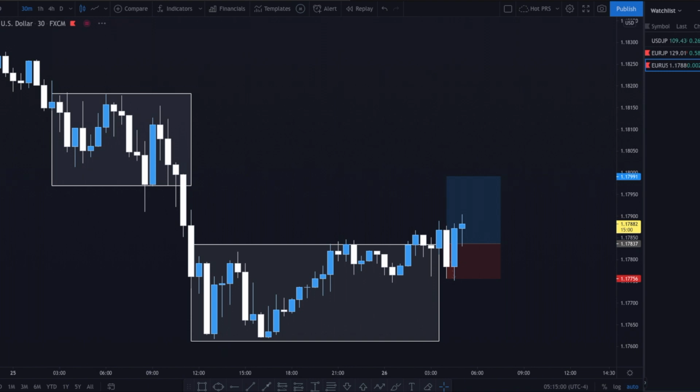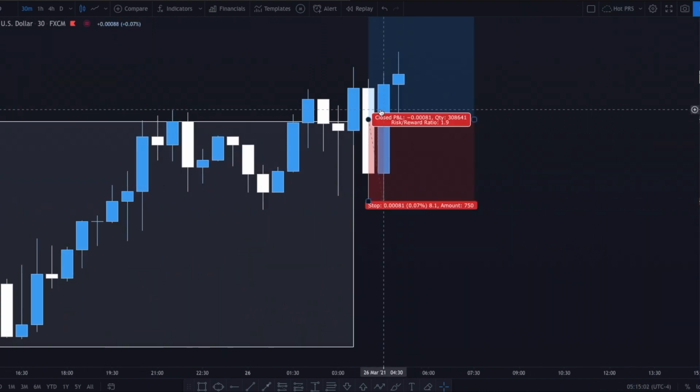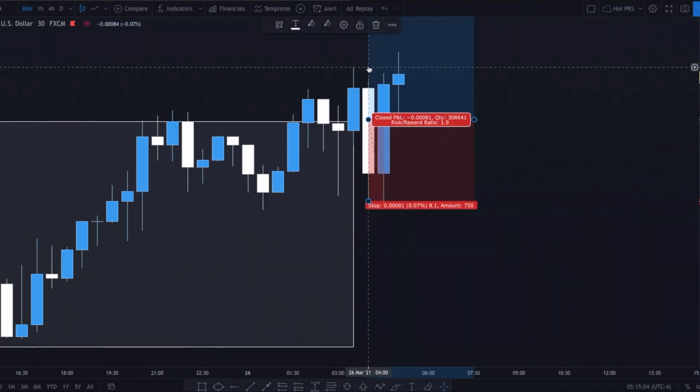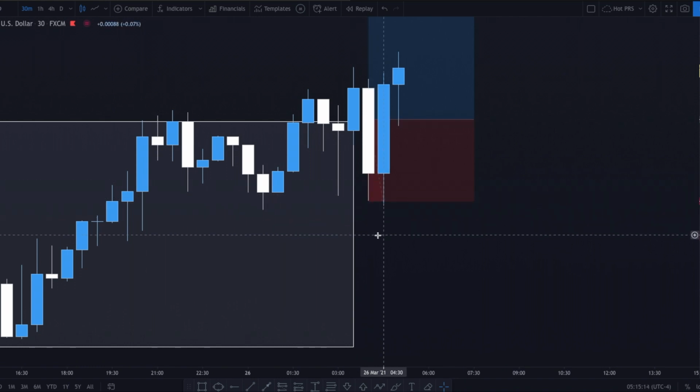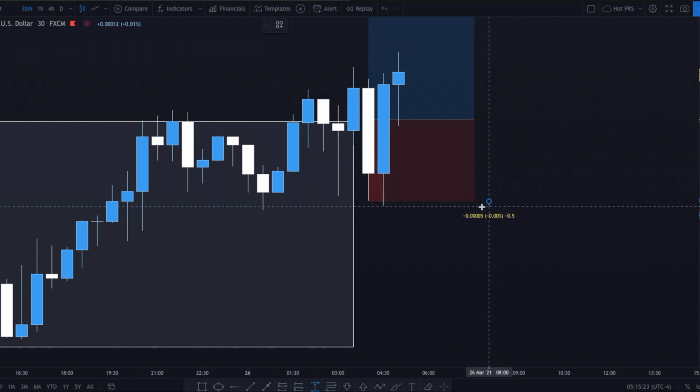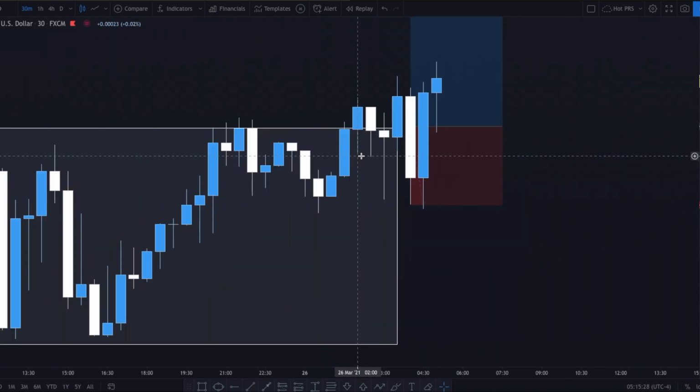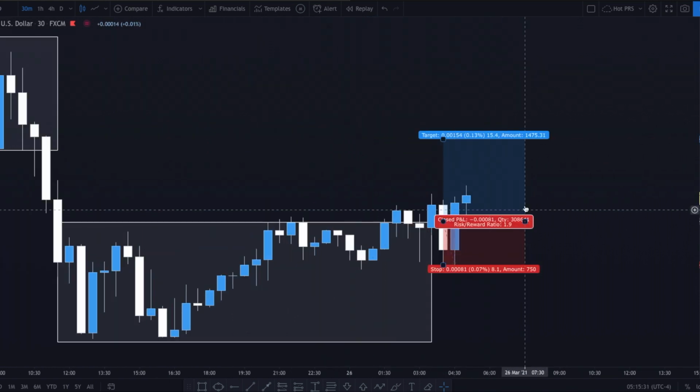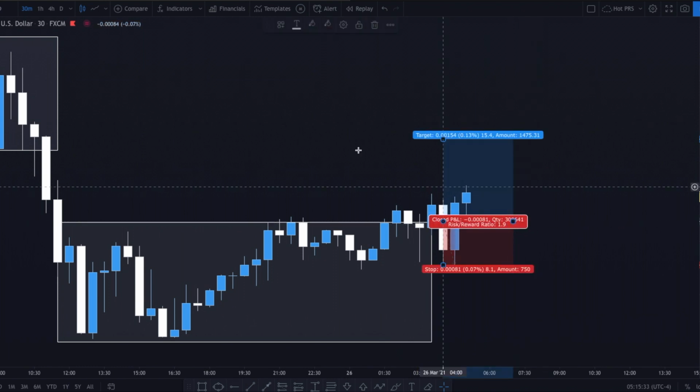So back to what I was saying. This is what happened. We got our entry right here. Price then shot straight down, continued to push aggressively to the downside, kicked us out of the trade, and then went further down for like half a pip before pushing back to the upside, went back into profit, and then I was depressed.